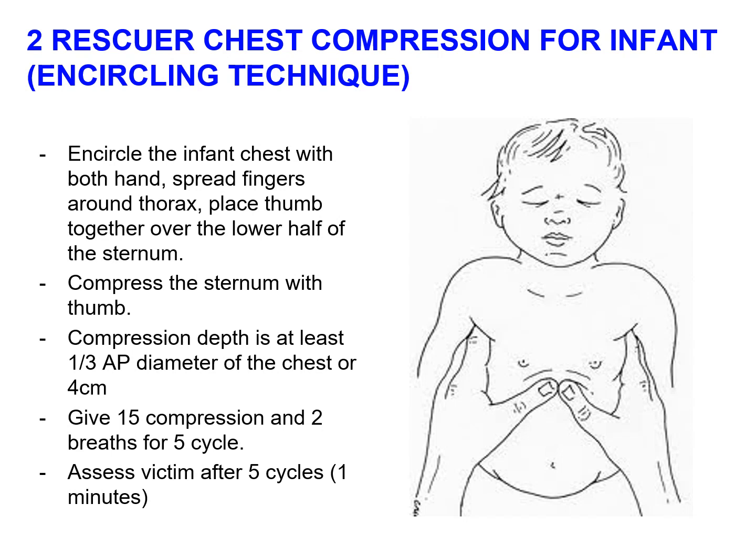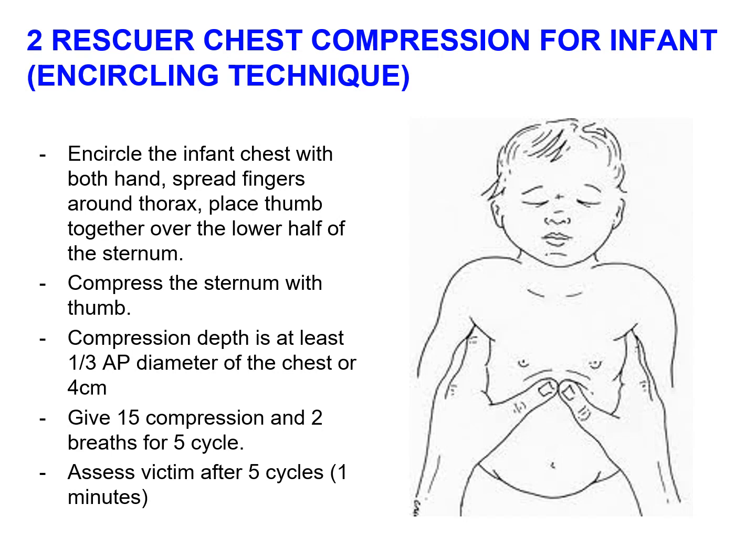The other rescuer, who is the chest compressor, will position himself below the infant's feet, and both of his hands will encircle the child's chest. Spread his fingers around the thorax, making sure he has a good grip. Then both of the rescuer's thumbs are placed together over the lower half of the sternum.